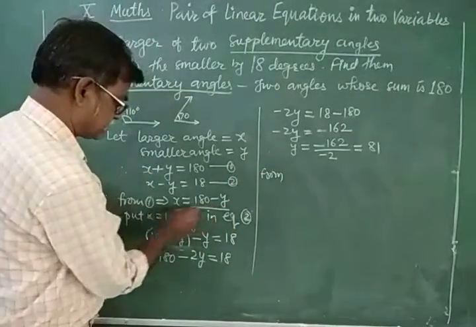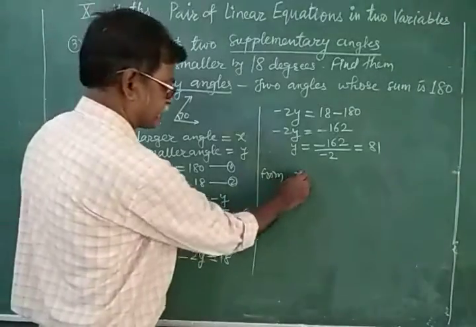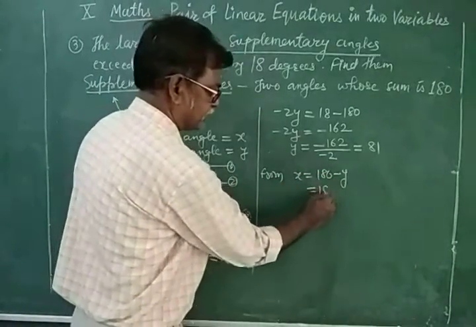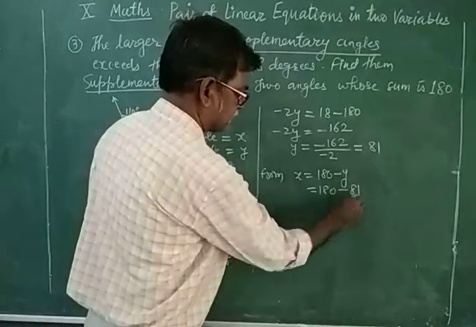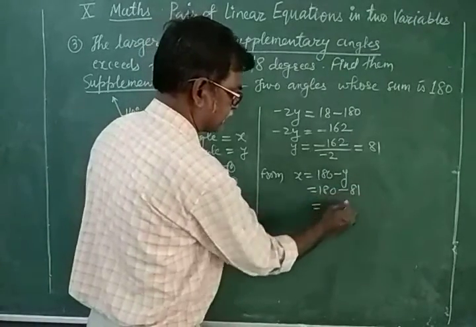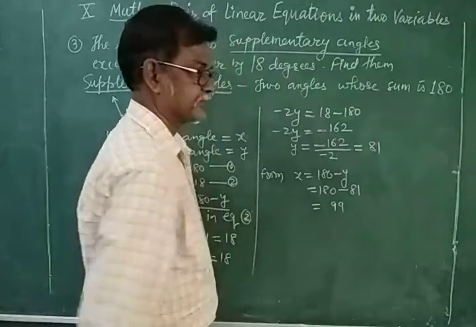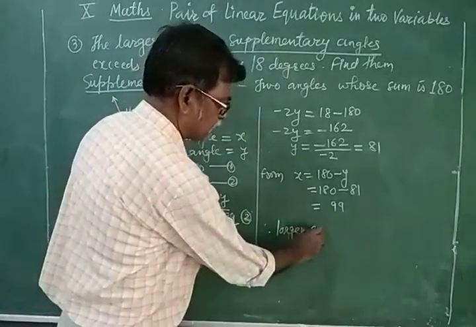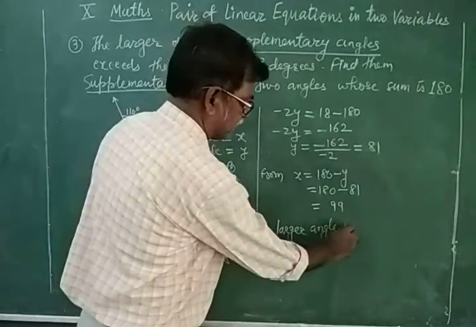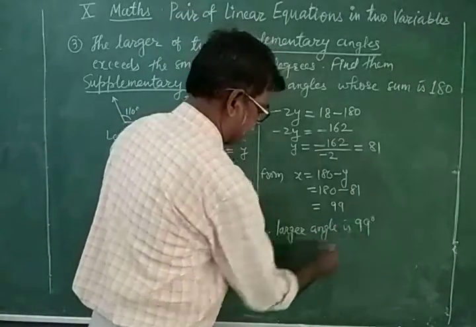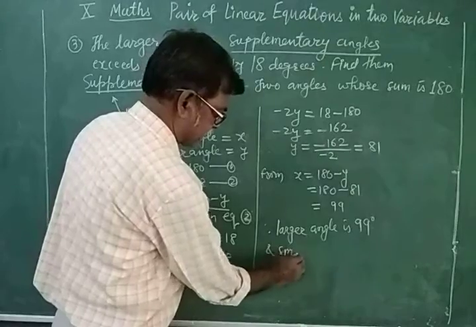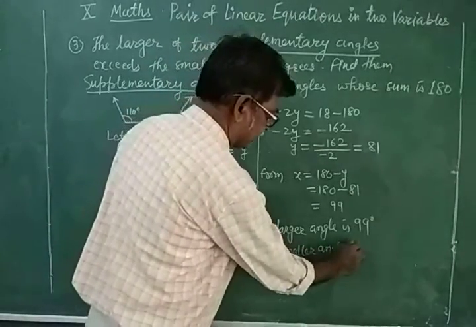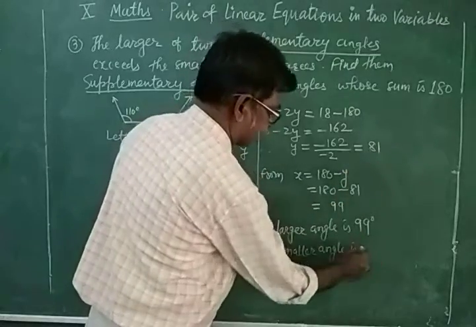And then from this, x is equal to 180 minus 81, which is 99 degrees, and the smaller angle is 81 degrees.